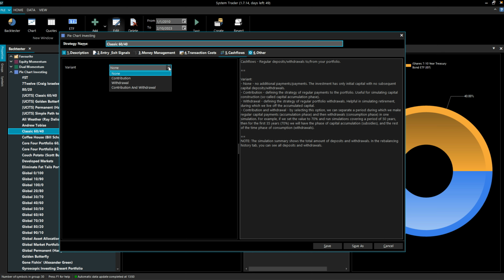And here you can set such scenarios where you can make contributions and withdrawals from the portfolio. I will not go into details now, but we will be discussing that in one of the subsequent lessons, and it's very good because it's more realistic to say that we are making certain contributions and then withdrawals to our portfolio, rather than saying that I have $1 million and I'm investing for 30 years and I didn't make any contributions or withdrawals from that account.